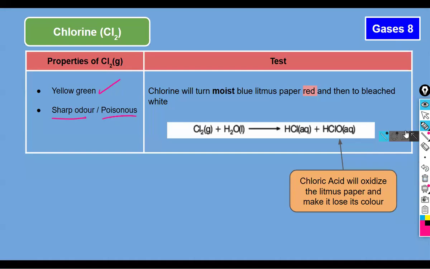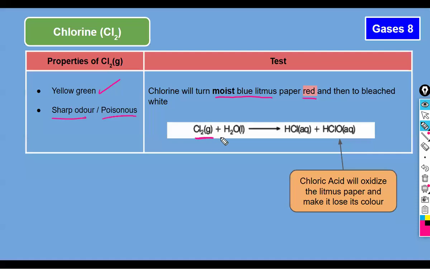And chlorine gas, what it will do, it will turn moist blue litmus paper red. That means this has something to do with acids, because an acid will change blue litmus paper to red, but it has to be moist blue litmus paper. Well, what happens?